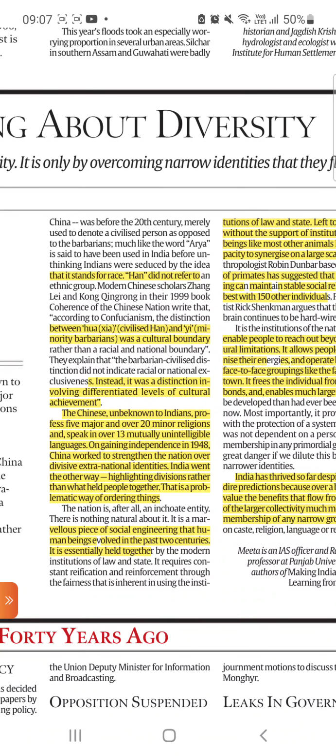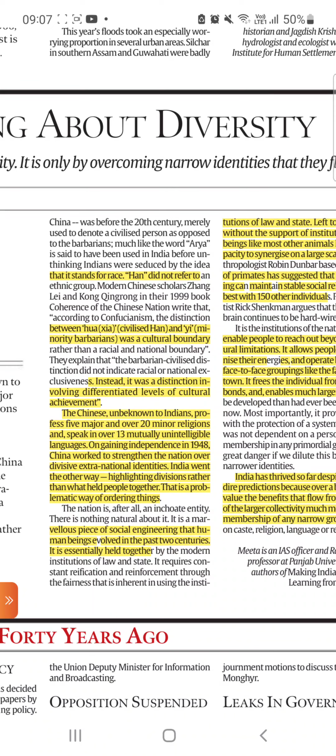Han did not refer to an ethnic group. According to Confucianism, the distinction between Han, the civilized, and the minority barbarian was not a cultural boundary. Instead, it was a distinction involving differentiated levels of cultural achievement.